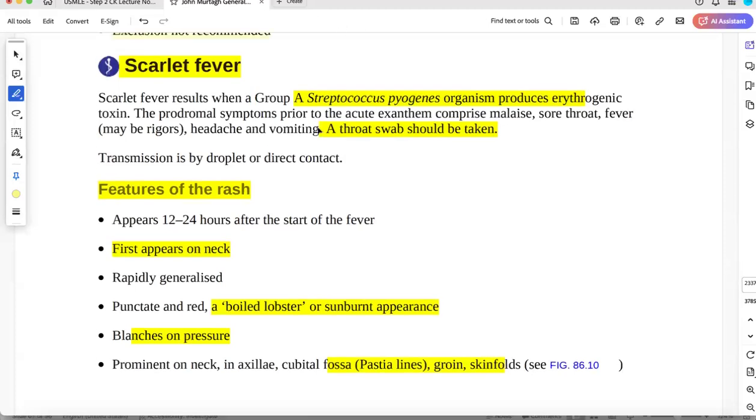Next, scarlet fever. Now, I know that this is quite overwhelming for many of you because it is very difficult. Just remember that this is one of the chapters that you have to read just the night before your exam, because it is a lot. So don't think that you will be able to memorize everything right now.